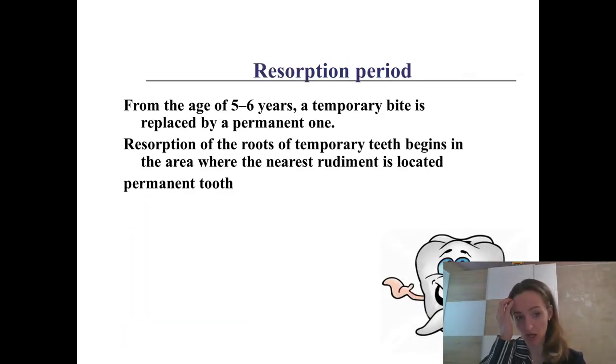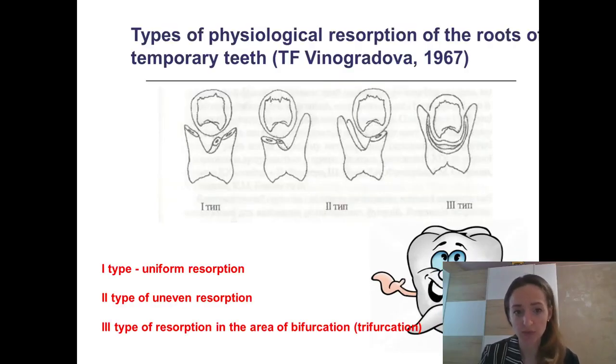Resorption period. From the age of 5 to 6 years, the temporary bite is replaced by a permanent one. Resorption of the roots of temporary teeth begins in the area where the nearest rudiment of the permanent tooth is located, and it's also necessary knowledge for when we treat these teeth or need to do extraction.